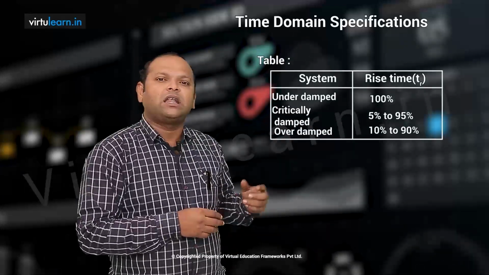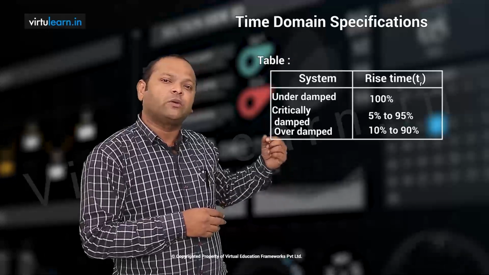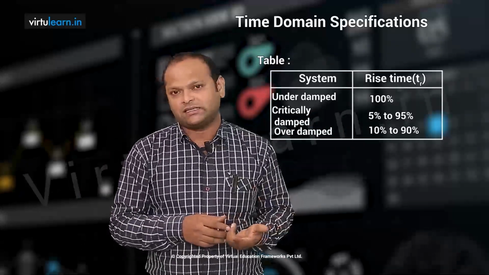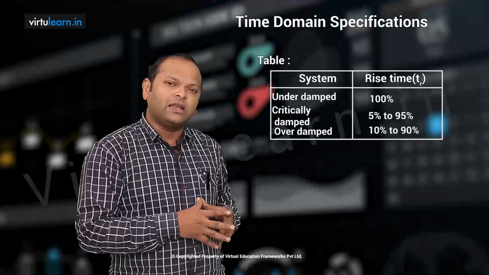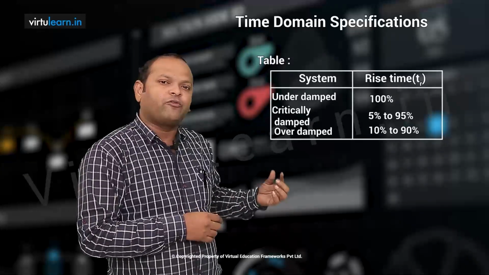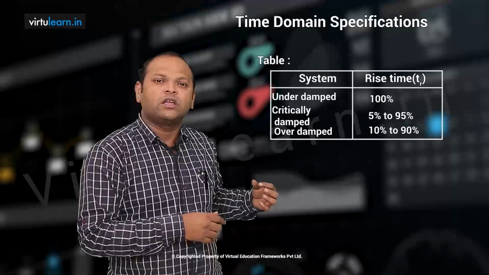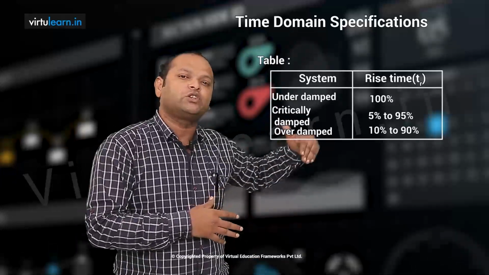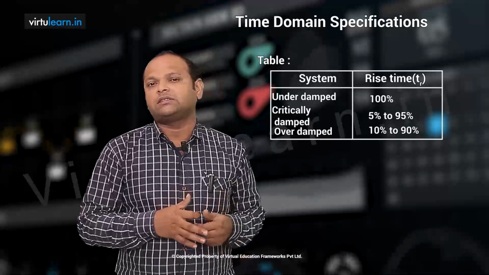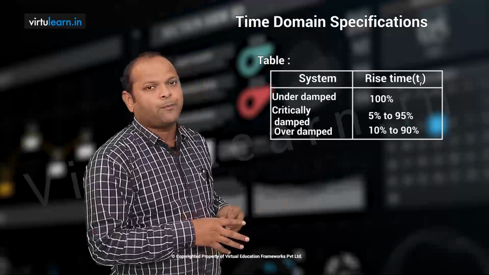It means the time taken by the response to reach from 10 to 90% is the rise time. Similarly, for critically damped, we can define it from 5% to 95%. The time taken by the response to reach from 5% to 95% is the rise time for a critically damped system.